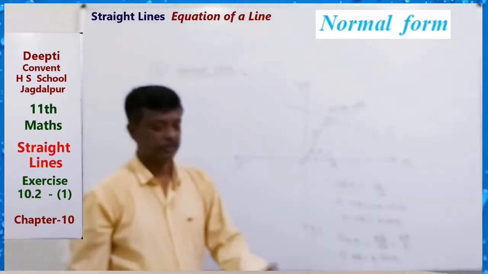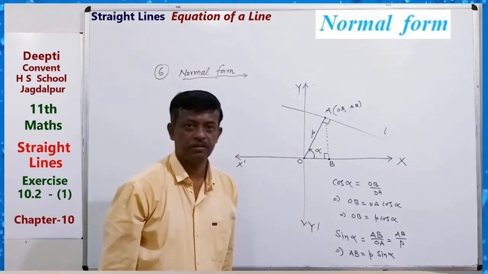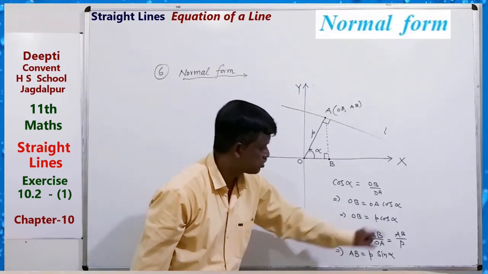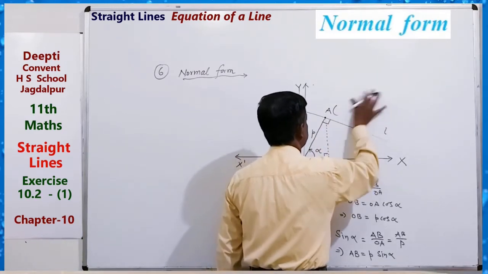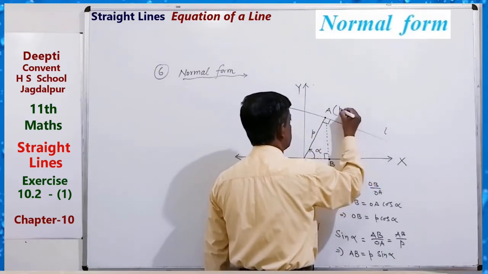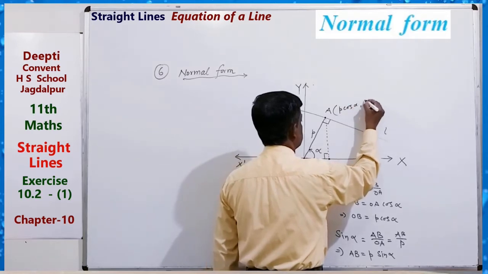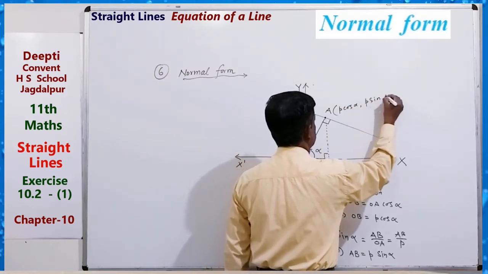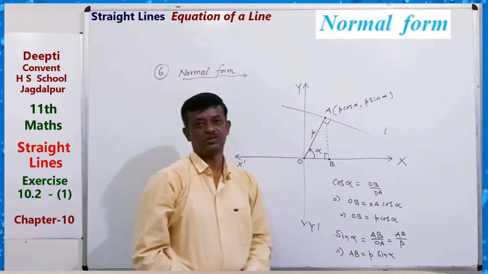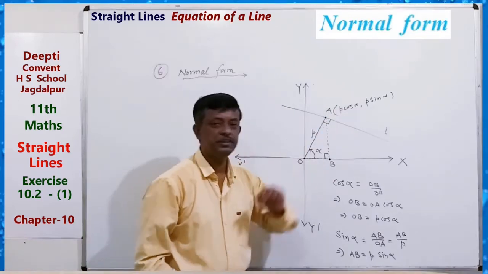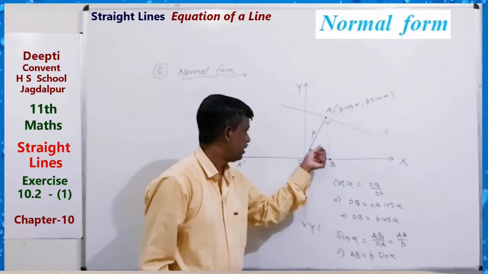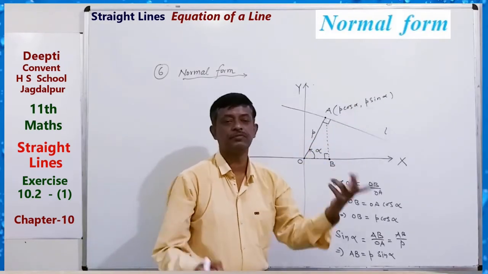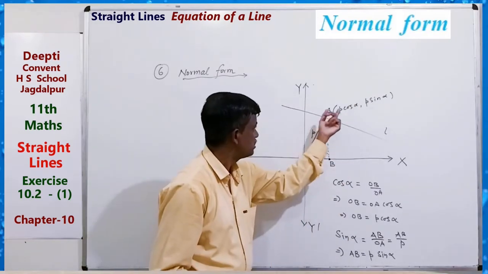Clear? AB equals P sine alpha and OB equals P cos alpha. So this point is given by which value? P cos alpha, P sine alpha. So we get this point. So the line passes through this point, because two things are given, angle alpha and P. This is in terms of alpha and P.